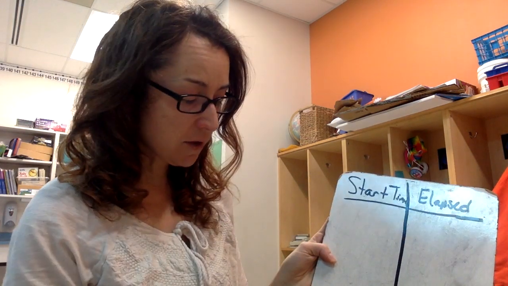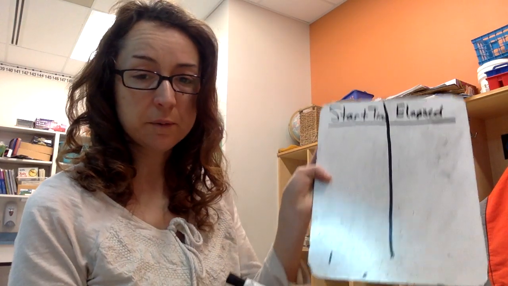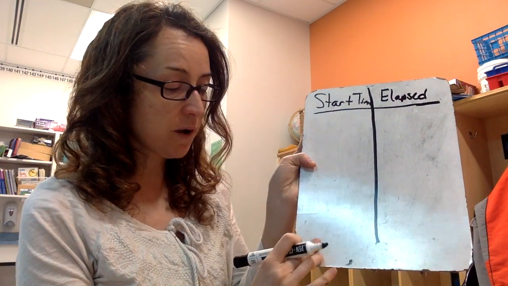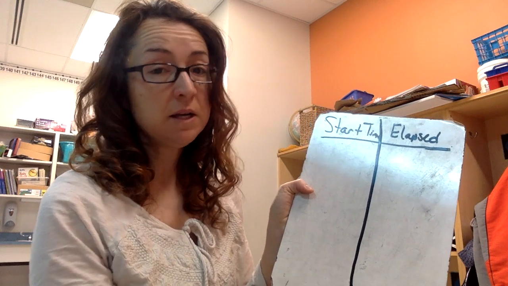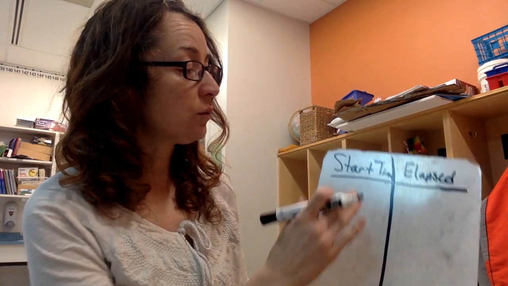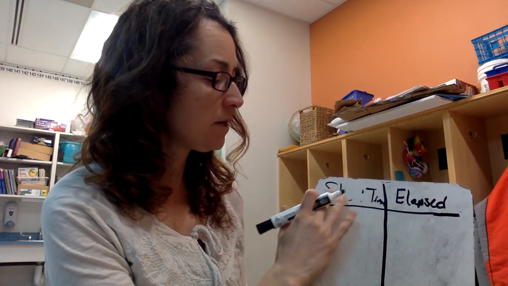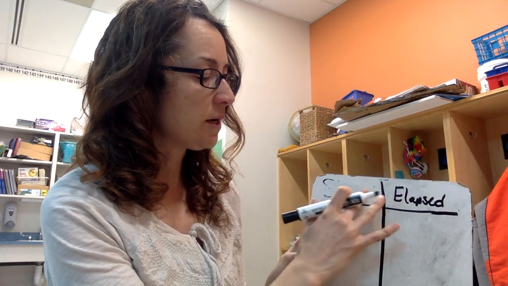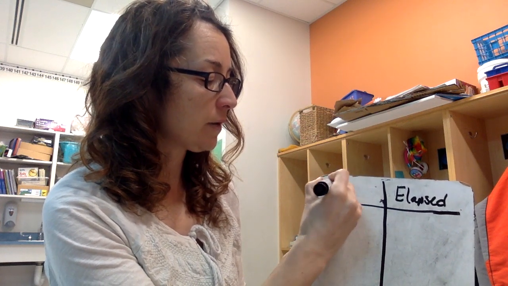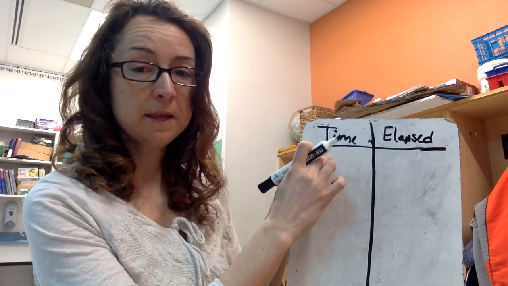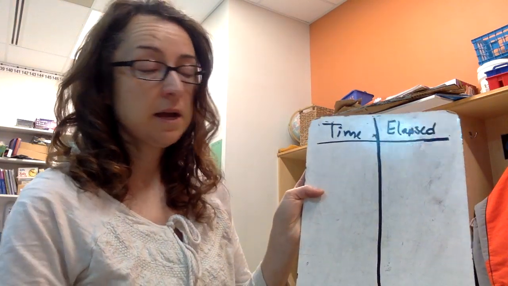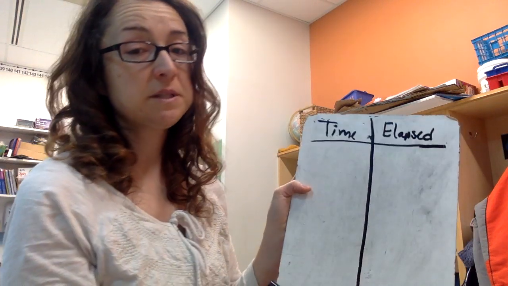I'm going to put my end time down here, at the bottom, because I need to know what my end time is going to be. Actually, I'm going to change this. I'm just going to put the word time right here because I'm going to put my start time here and my end time here. And then over here, you're going to see my elapsed time.